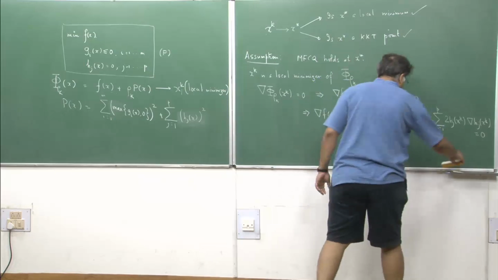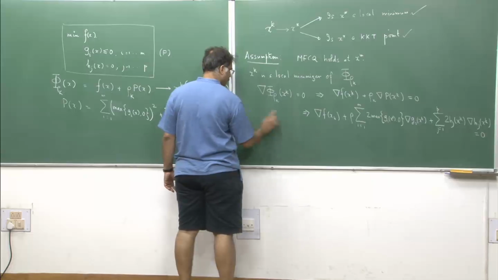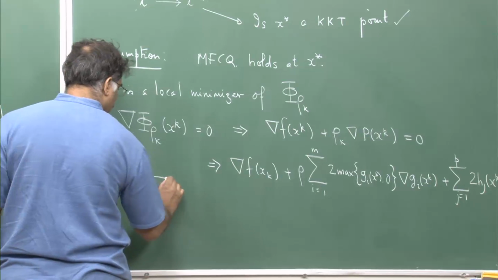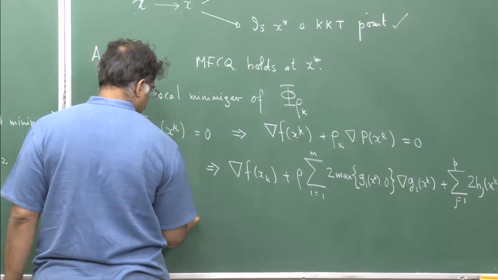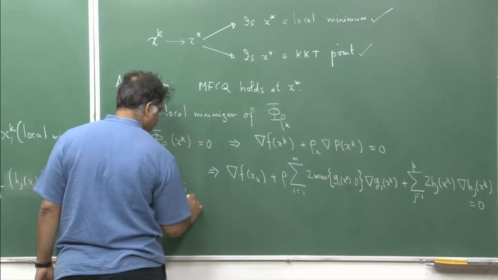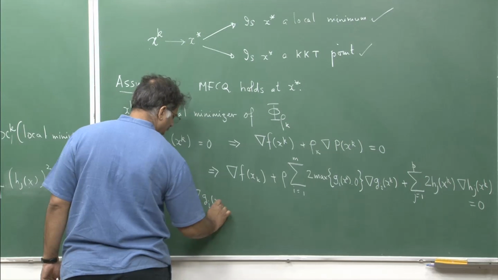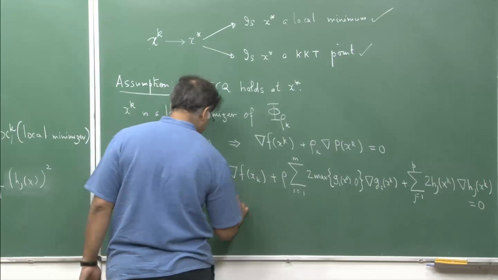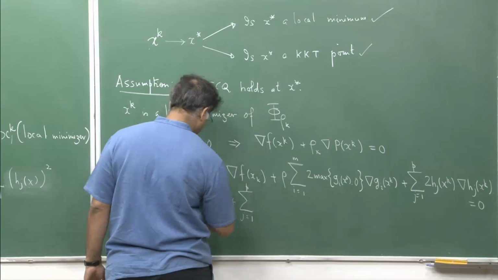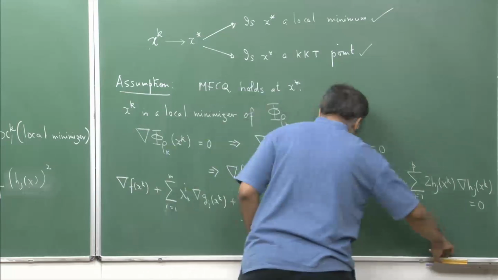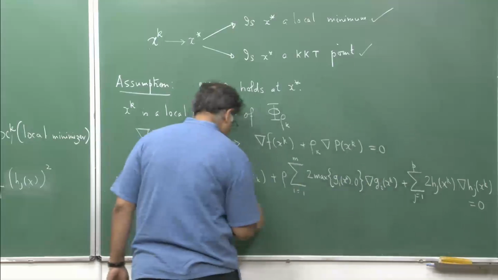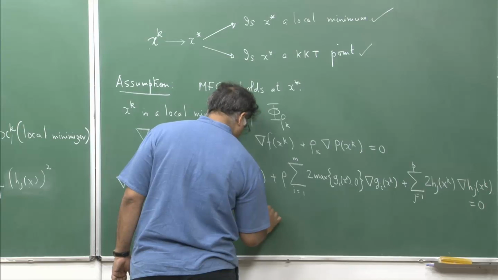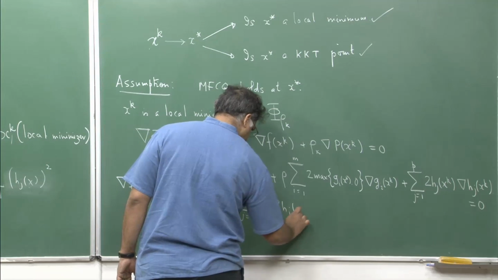Let me do a little bit of manipulation and write from here: grad of f xk plus summation lambda k i grad gi xk, i equal to 1 to m, plus summation j equal to 1 to p mu j k grad hj xk equal to 0.